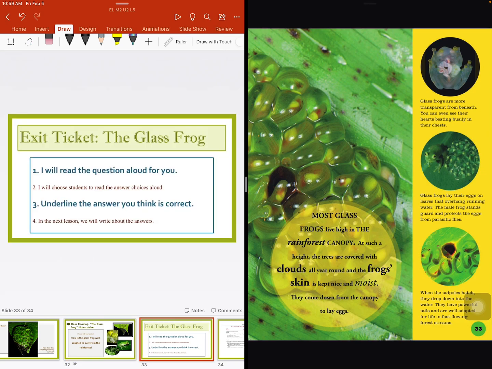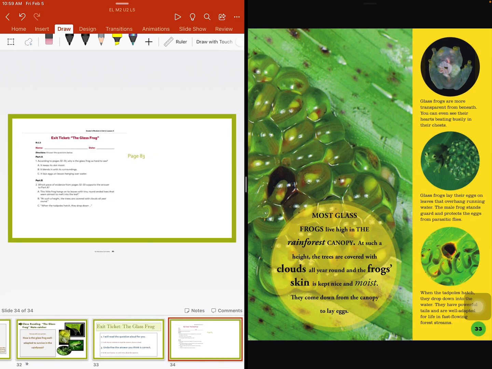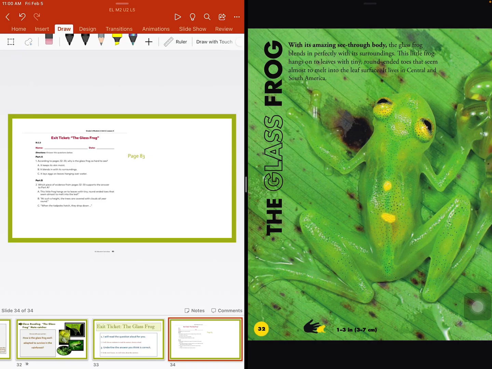Okay, so you're going to do your exit ticket, and that is on page 83. So follow along and answer the questions as I read it. According to pages 32 and 33, why is the glass frog so hard to see? A, it keeps its skin moist. B, it blends in with its surroundings. C, it lays eggs on leaves hanging over water.